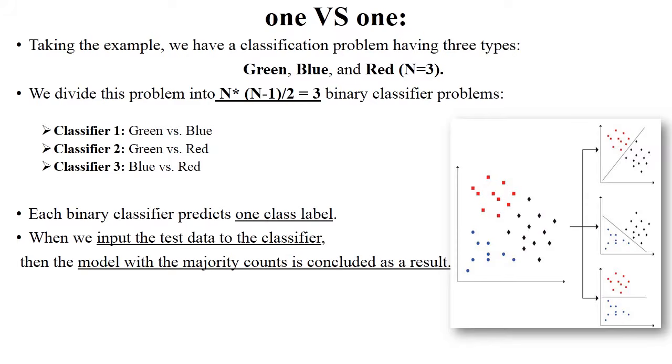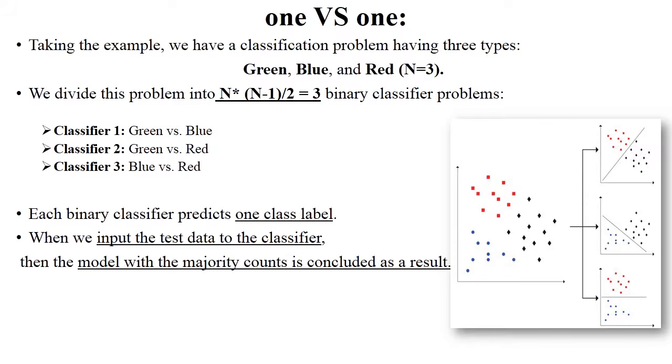So see in this diagram, the particular data can be represented in one versus one classification. Means pairs of data are there. The first represents red versus blue, the second one represents green versus blue, and the third diagram represents green versus red, right? Means there are a total of 3 pairs of classifiers.